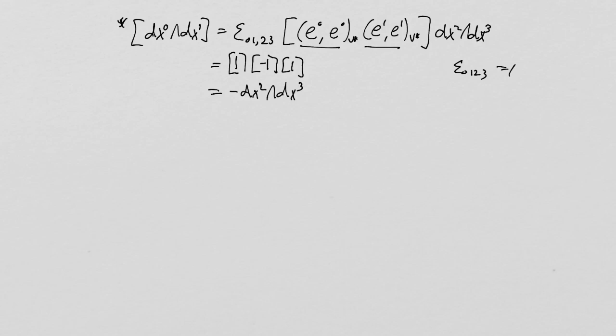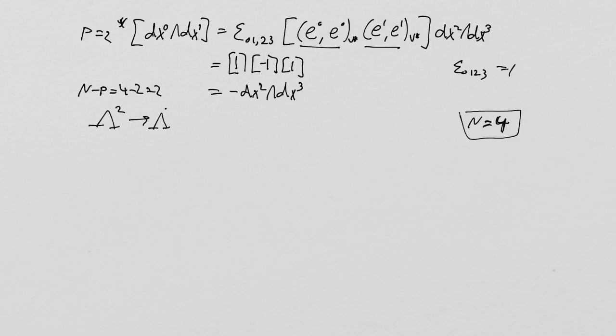And now you see the self-duality, right? Well, not that it's hard to see, it's obvious, right? This is p equals 2, and this is n minus p, which equals 4 minus 2, which equals 2. So this is the fact that the second exterior power, in the case of n equals 4, regardless of the nature of the metric, it's self-dual. It goes back into itself.